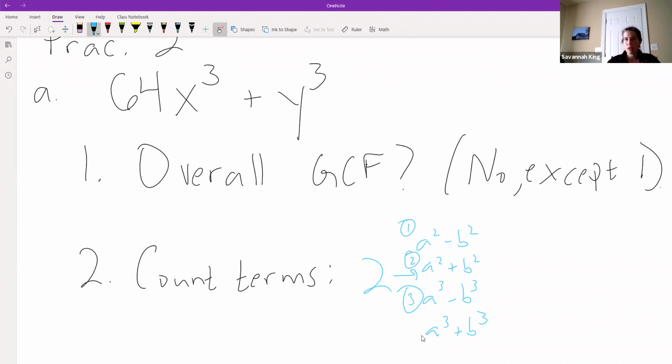Sum and difference of 2 squares, or sum or difference of 2 cubes. 1, 2, 3, or 4, which of these formulas do you think that we have here? It's number 4. Yeah, it is number 4.